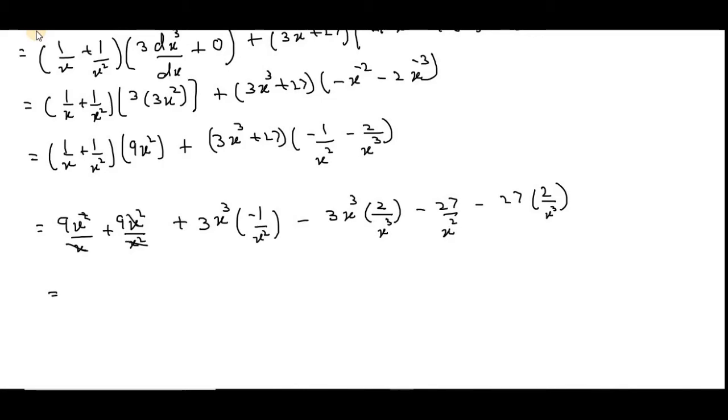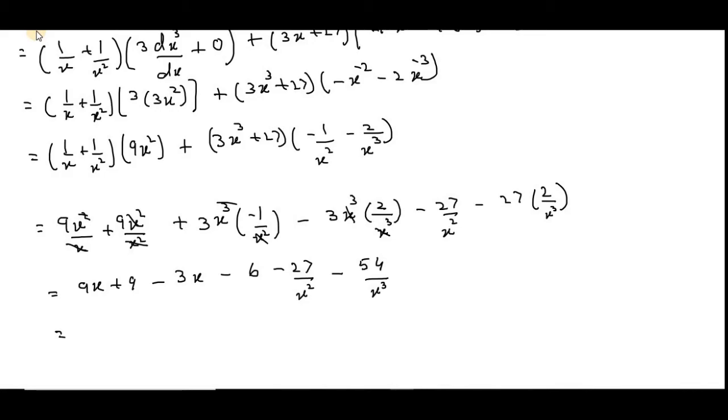Now we can cancel this term, this term, and this term, and this term is cancelled. So 9x plus 9 minus, similarly x square and x cube are also cancelled, so we get 3x and minus 6. This x cube and this x cube are cancelled, minus 27 over x square and minus 54 over x cube.